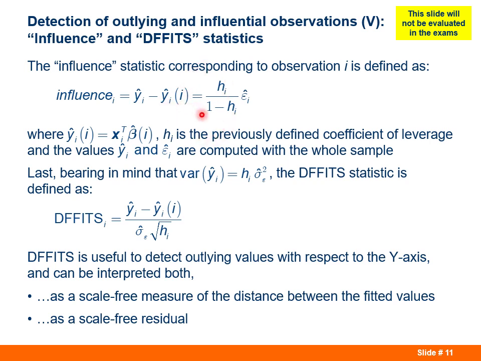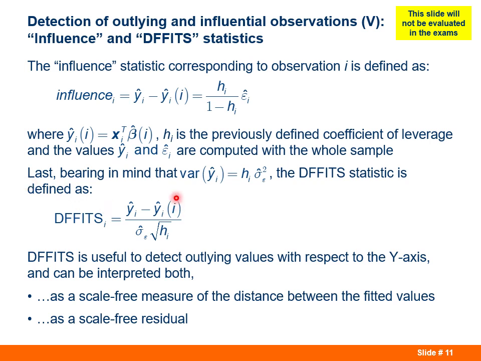This is computed in this way, where h is again the leverage coefficient, and this is the standard residual of the regression, considering all the data points in the sample. Therefore, you are testing for the influence of the ith observation over y hat.